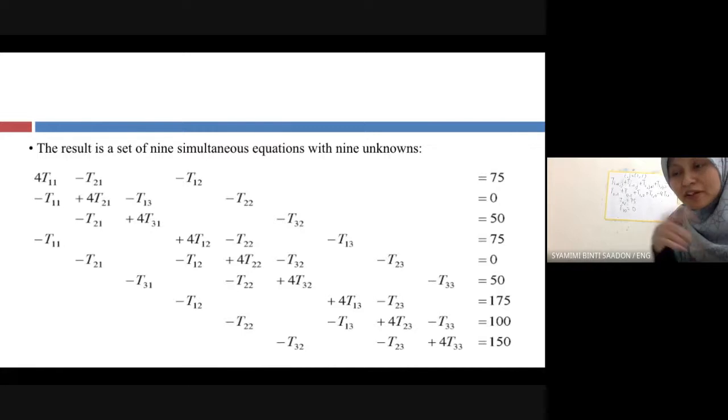That's why in the beginning I mentioned that we will apply all the previous chapters that we have learned. So now we come to this algebraic linear equation.